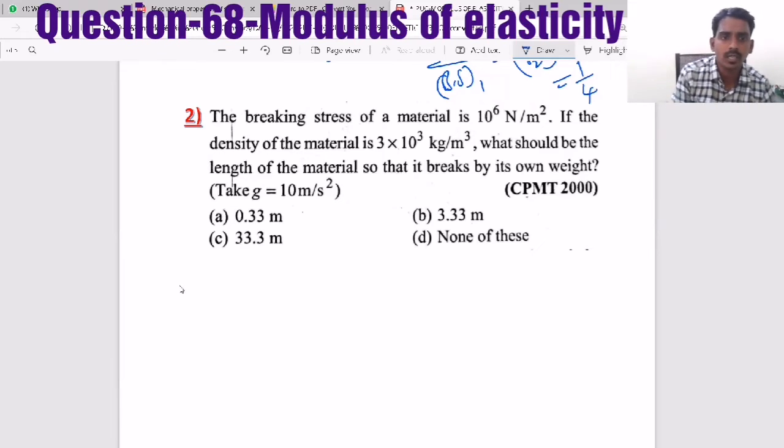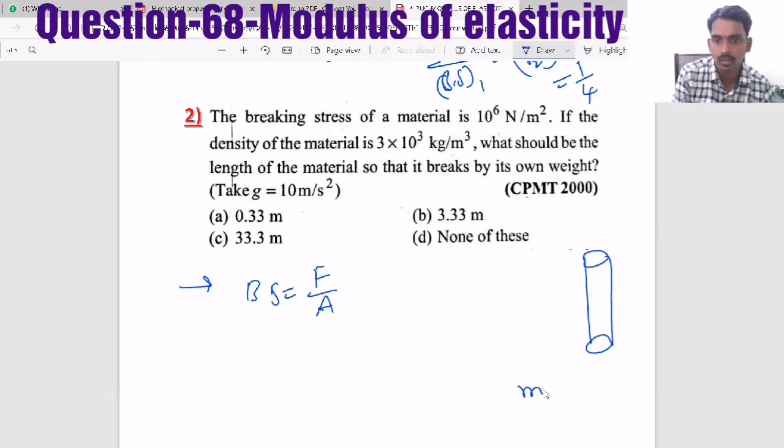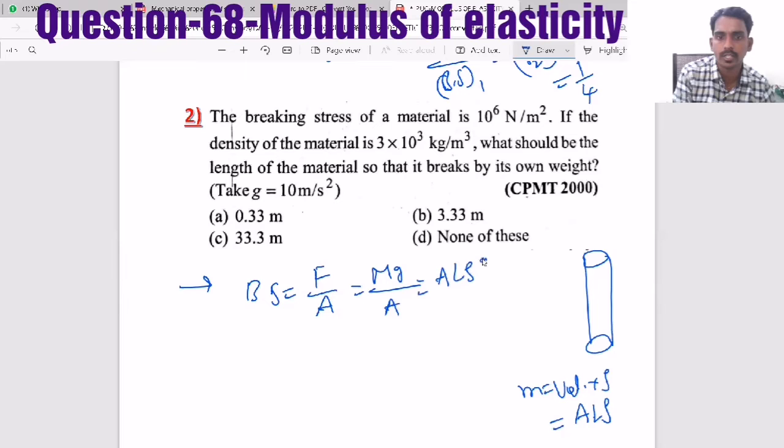Now the same breaking stress, sometimes due to its own weight, they can ask. Breaking stress equals F by A. Now when you consider a wire, the mass of the wire M equals volume into density. Volume means area into length, into density. So force due to own weight is mg. M is A L rho, into g by A, cancel.